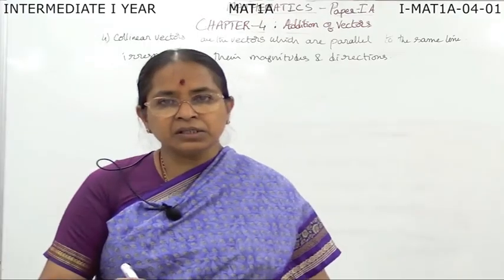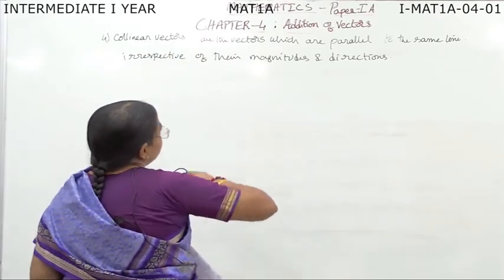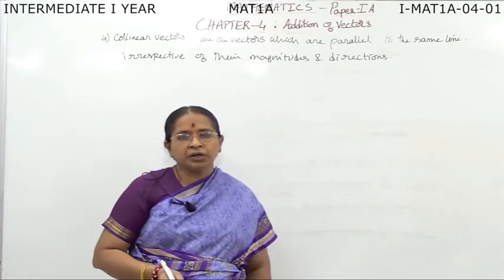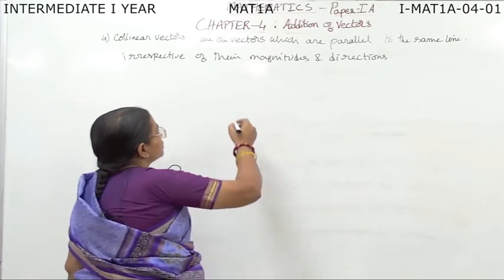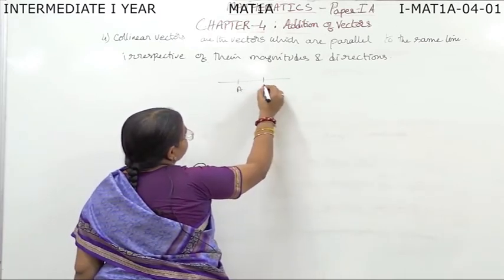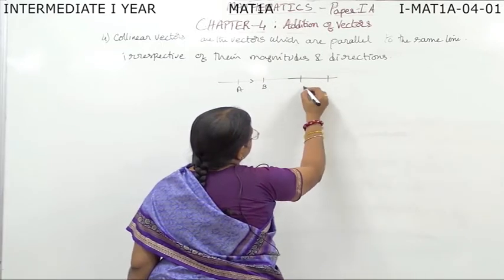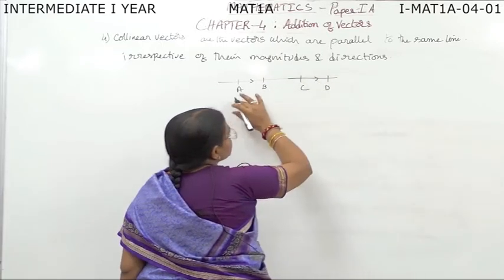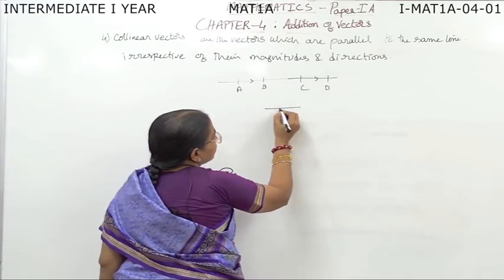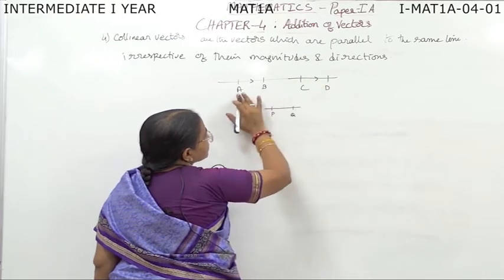Next is collinear vectors. Collinear vectors are the vectors which are parallel to the same line, irrespective of their magnitudes and direction. Suppose that you have a vector AB. You can have another vector CD like this. These two are collinear vectors. Now suppose I have a vector PQ like this, and the direction is the same as that of AB and CD.